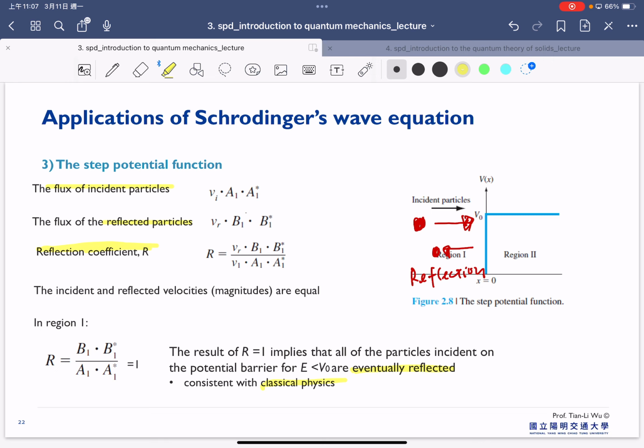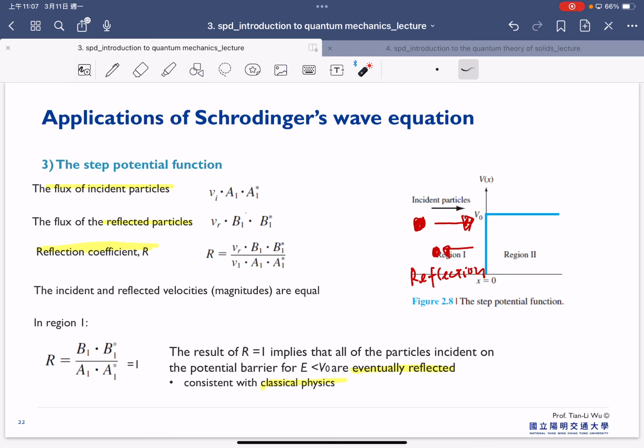So finally, we use the understanding from modern physics by considering the wave equation with some potential barrier. In the end, if we consider the case that you have the step potential, all of the particles will be reflected, and that's exactly the same as what classical physics tells us.